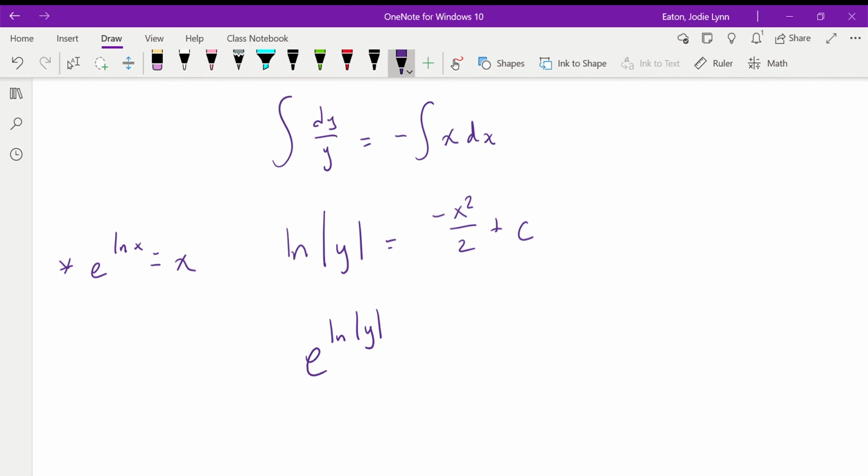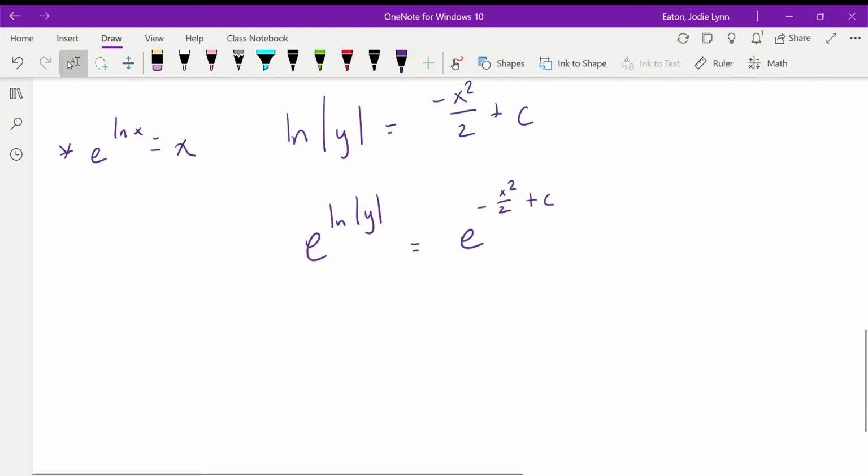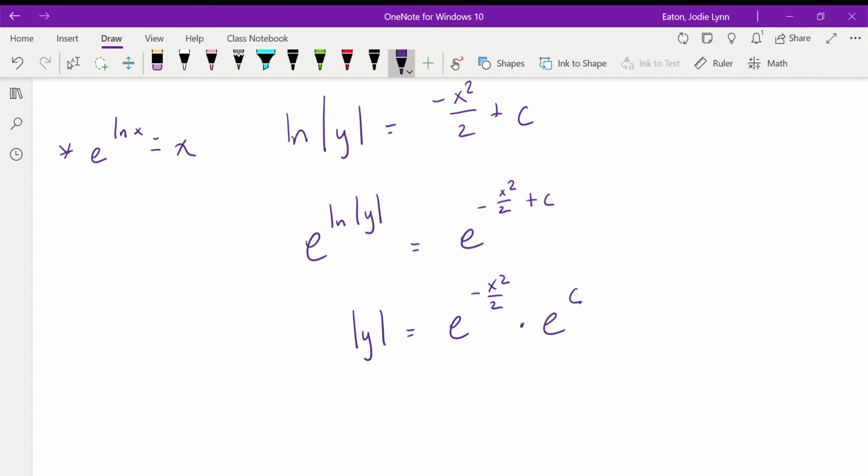So e to the ln y equals e to the minus x squared over 2 plus c, and that is one exponent. And so the absolute value of y is e to the negative x squared over 2 times e to the c. We're just using our exponent rule, that adding exponents is the same as multiplying.